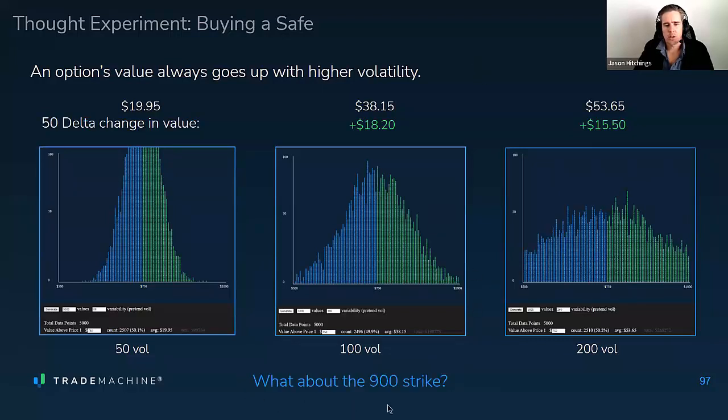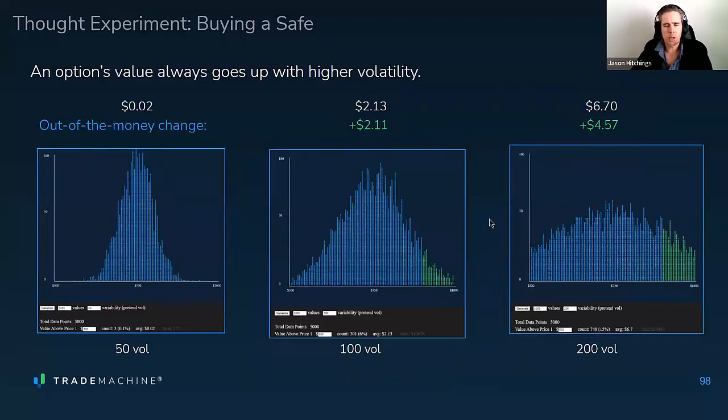How does this change with the 900 strike? We said that the value should go up, but does it go up by $18, or does it go up to a total of 53? So again, this is an additional 18 and an additional 15 as we go from 100 to 200. When we do the same chart for that 900 strike call, when we're down at 50 vol, it's only worth 2 cents.